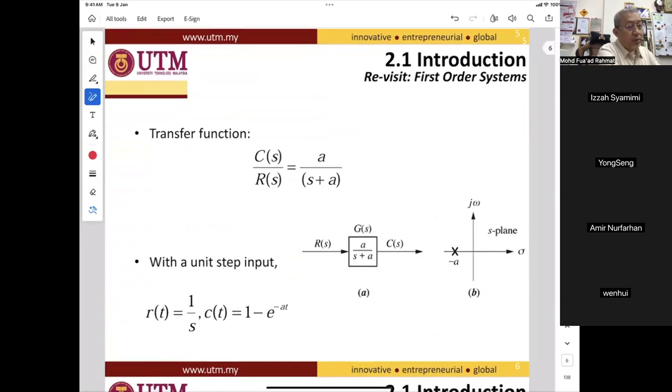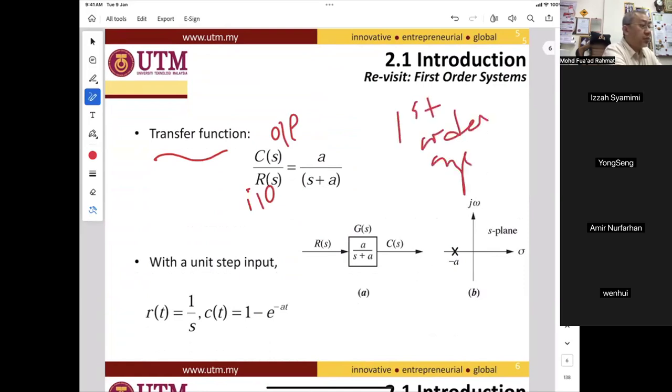And we know that every model has a transfer function, the output over input. This is a sample of a first order system, where the definition of first order system is the system that has a single pole.